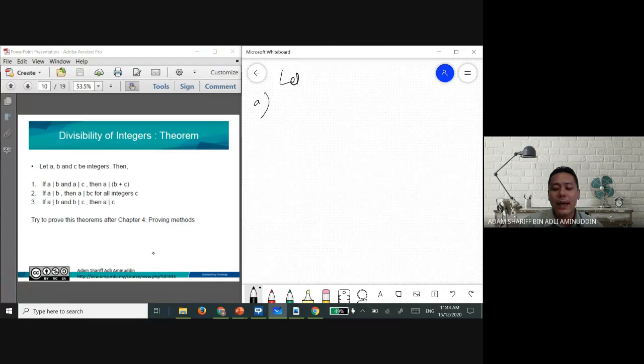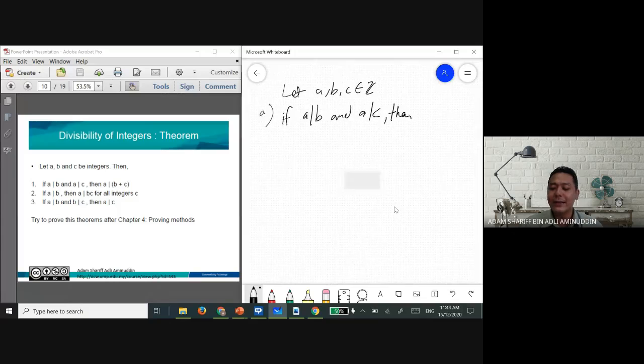There are several theorems associated with this. For example, if A is a factor of B and A is a factor of C, then definitely A is a factor of the summation of B and C. This is a fact. For example, I take 3 is a factor of 6 and 3 is a factor of 12 as well.